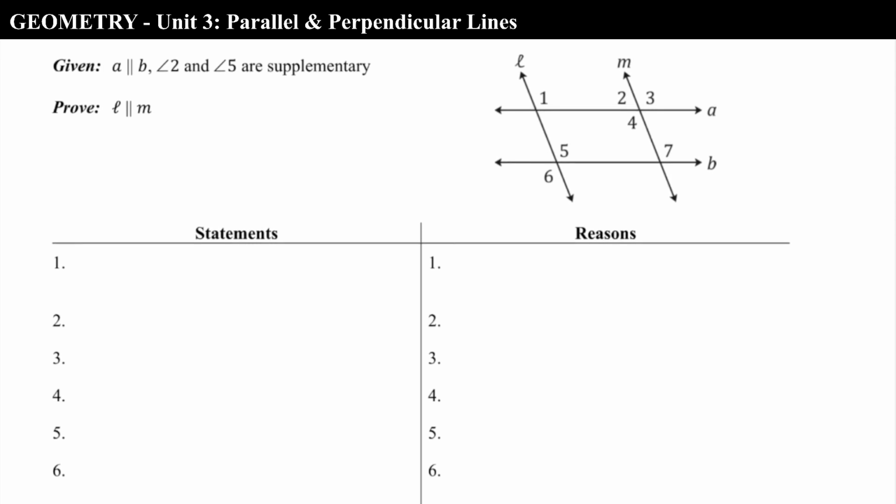So we are starting with our given again, and our given is that A is parallel to B, and angle 2 and angle 5 are supplementary.